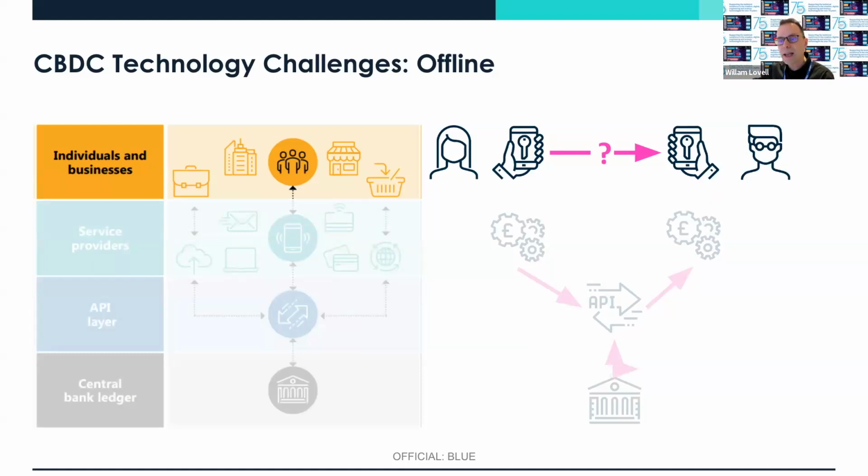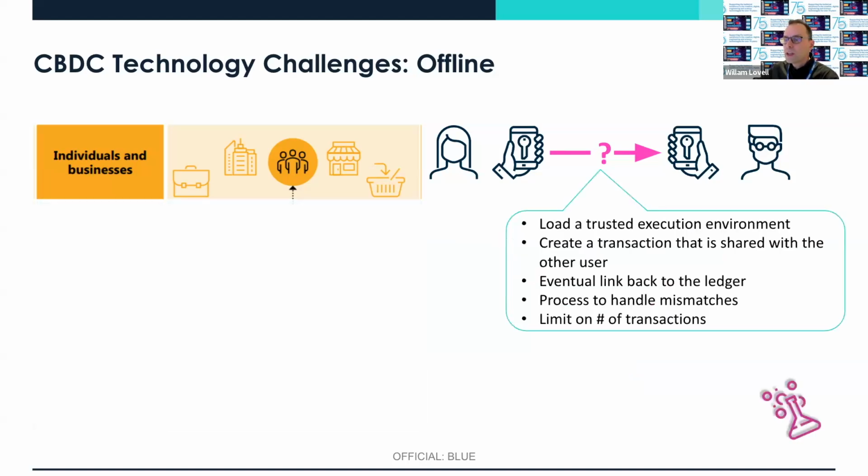So we've been looking at some technology solutions to that. We've been working with colleagues internationally as well, because if you think about a geography like Canada with large mountain ranges, this is something that they have really needed to put a lot of effort into. But in summary, the work we've done is a bit like this. It's really working on the trusted execution environments, either within phones or within cards, and then creating a transaction that is then shared with the other user.